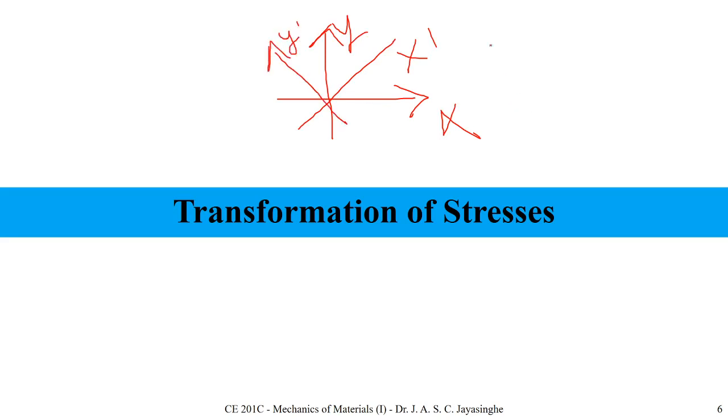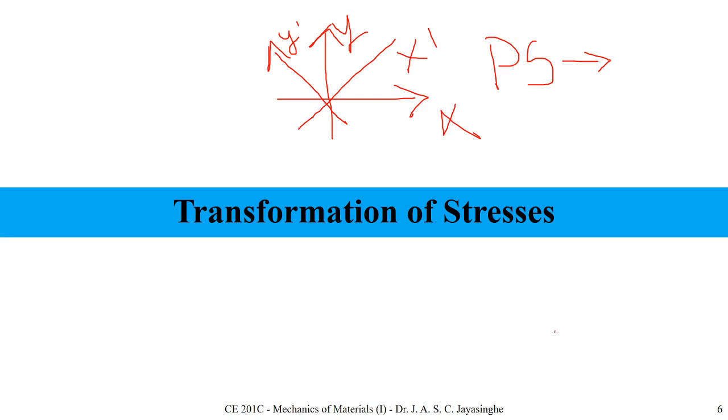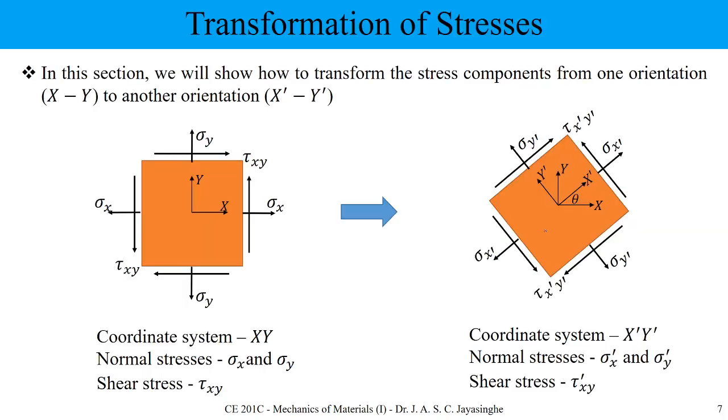In the plane stress problem, we need to find just three components: two normal stresses and one shear stress component. For any plane you need to find these three things. That's what we are going to study under this transformation of stress section.